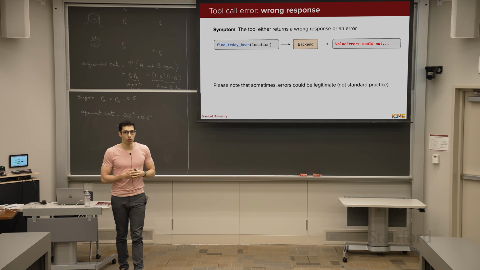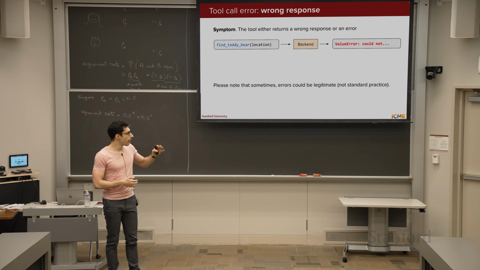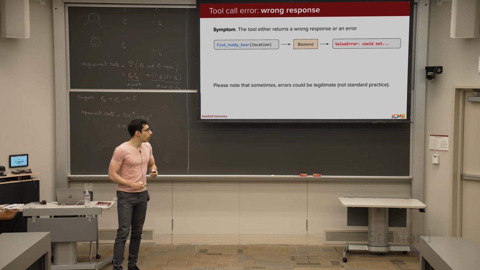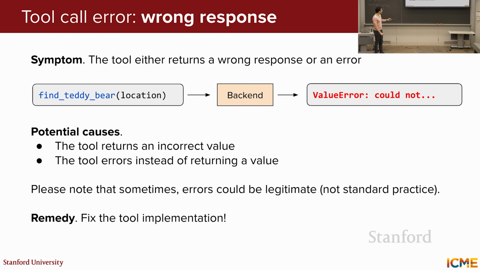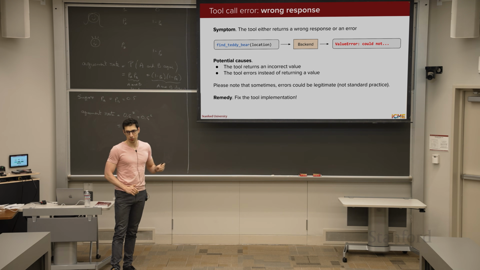And instead, the fix here is to convey these outputs in a meaningful manner. So typically, you have a structured output, and you return a true output instead of an error. So in the general case, just check your tool implementation. So you have the right arguments, you have the right tool, but you just don't have the right value. So just a software engineering problem. Just go and fix the tool.